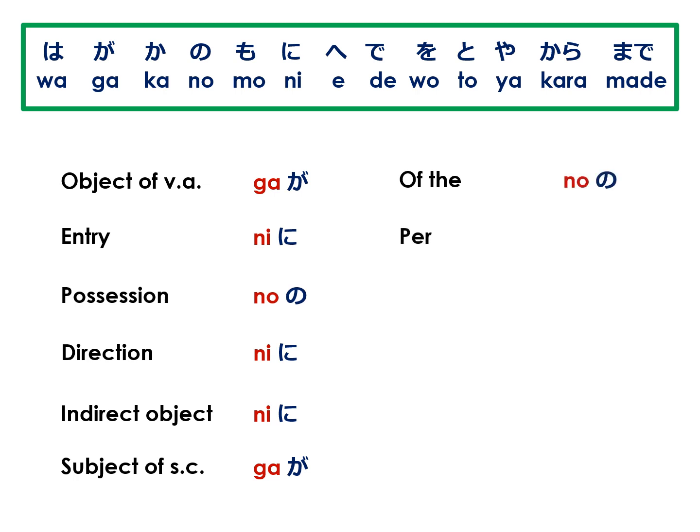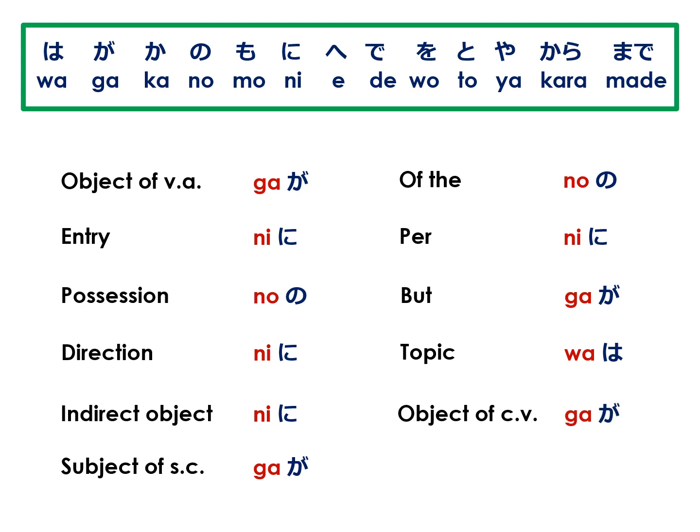No. Per or each. Ni. But when this particle is put after a verb, ga. Topic. Wa. Indicates the object of certain verbs, such as to be able or dekiru, or to understand or wakaru. Ga. Destination. Ni. So how did you do? Here's more coming in the next slide.